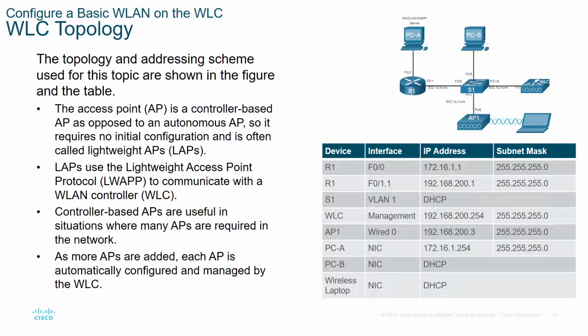Lightweight access points use the Lightweight Access Point Protocol to communicate with a WLAN controller. Controller-based access points are useful in situations where many access points are required in a network. As more access points are added, each access point is automatically configured and managed by the WLAN controller.